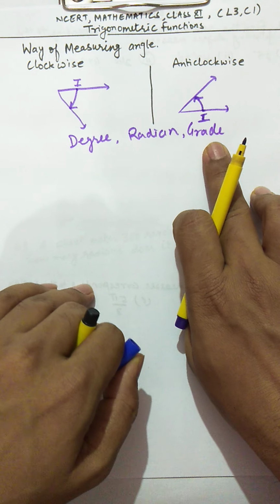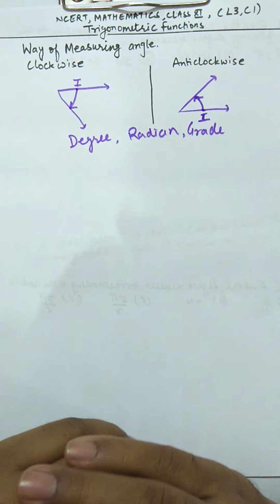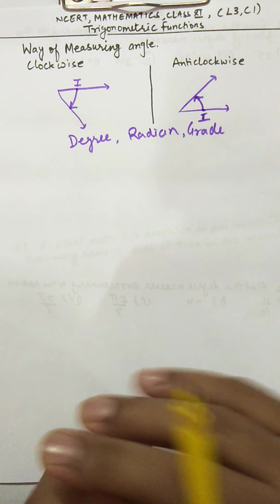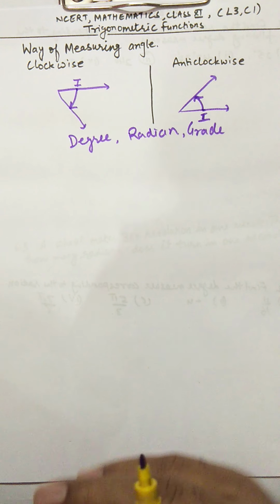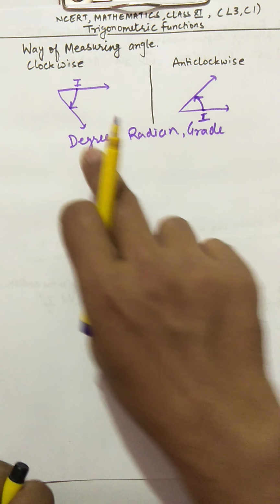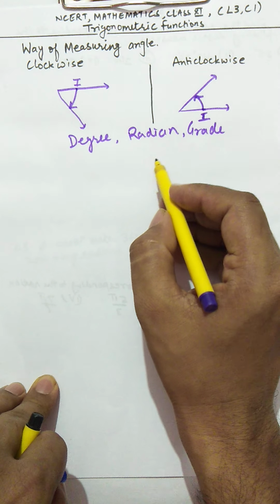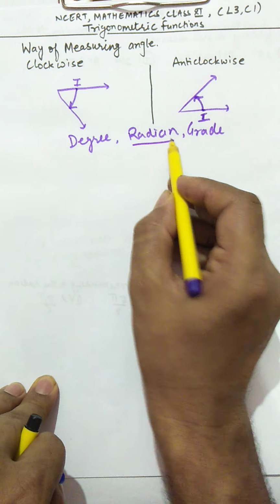Grade we are not going to ask, it is not in the syllabus, but degree and radian both are in the syllabus. They are the three ways we can measure angles, and both give you the measurement of the angle, but they have certain relations and certain ways of representation. Degree we have already seen, so we will not focus much on that. Now come to the radian measure.